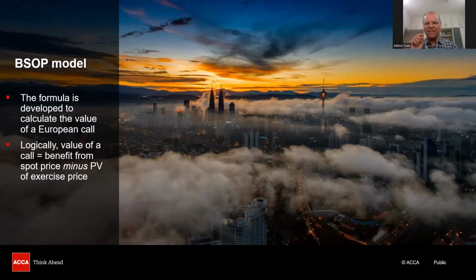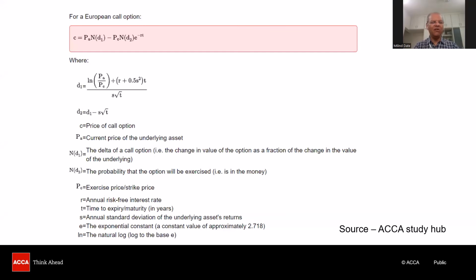So let's look at what the formula of Black-Scholes option pricing model is and how it looks like. It says value of a call option, C stands for call, is, as I said, difference between the spot and exercise.